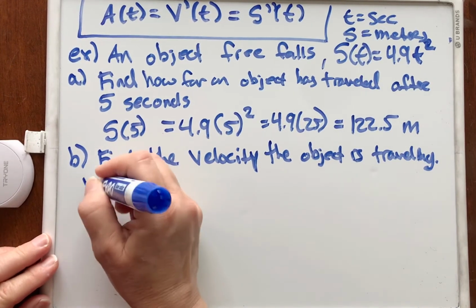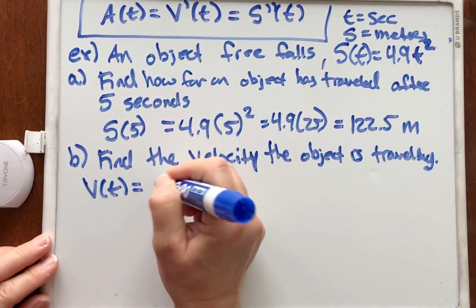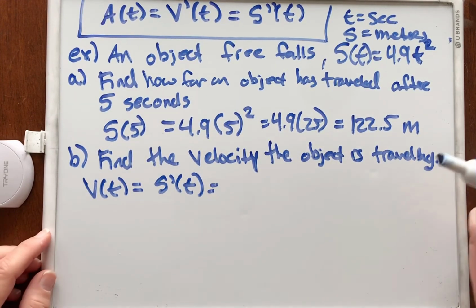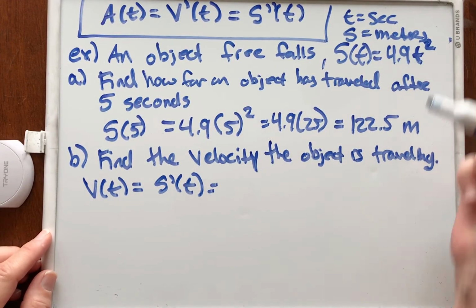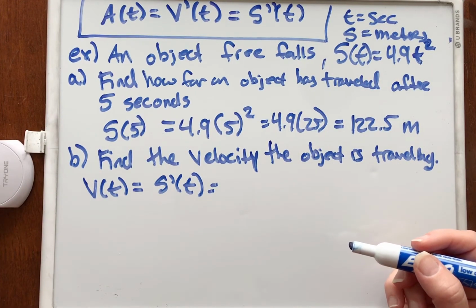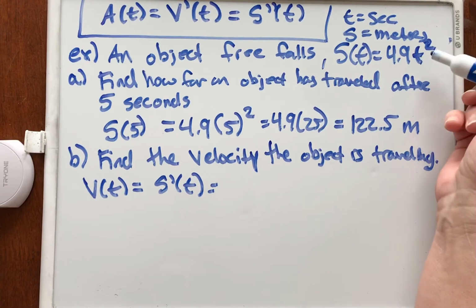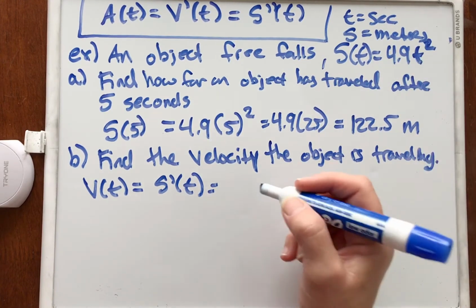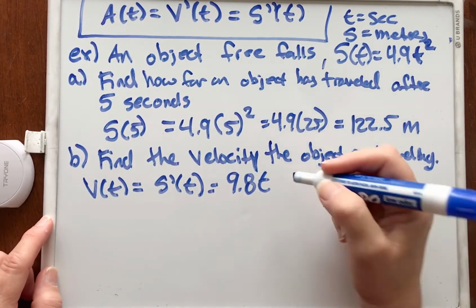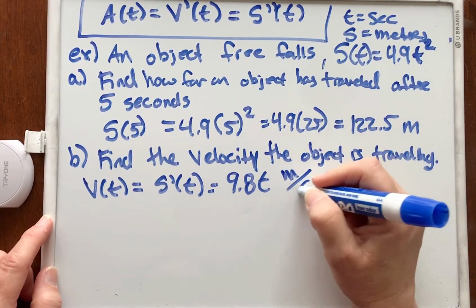Well, we know v of t equals s prime of t. S prime of t, well, here's s of t. So s prime of t, we're going to go ahead and bring down the 2, and we get 9.8t. And that is in meters per second.